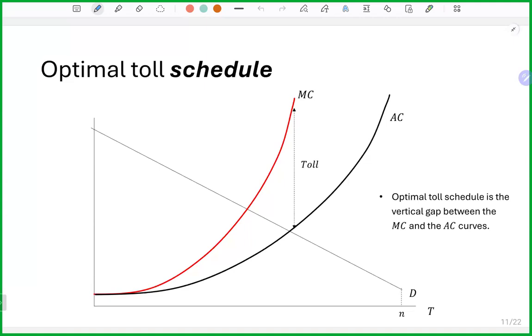Each person will pay this amount, let's say this is $2. And then how many people will pay for that? There will be that number of people who will pay the toll charge. The multiplication of dollar per person and the number of people who pay congestion toll charges is this full revenue. Okay?